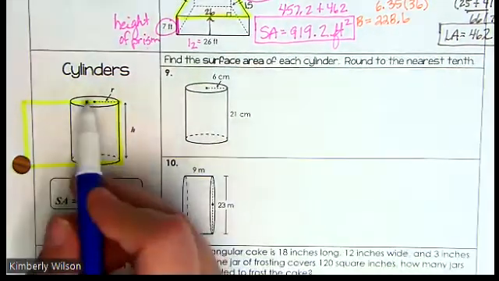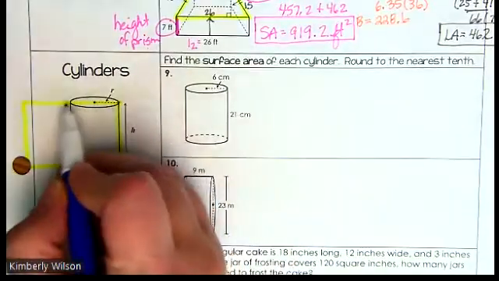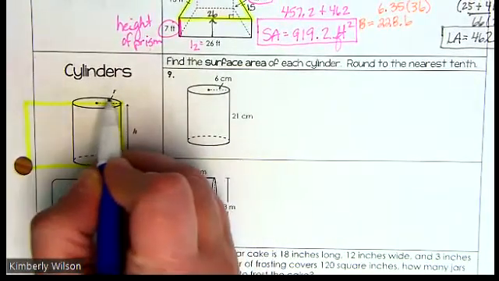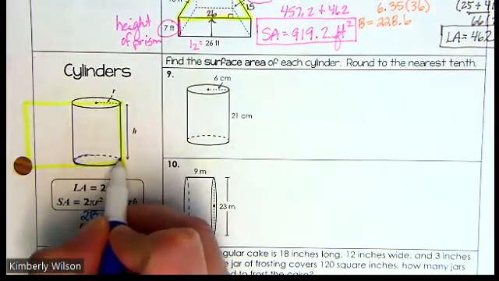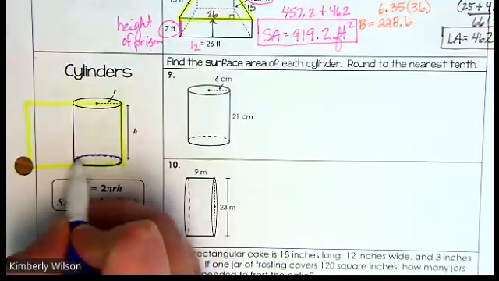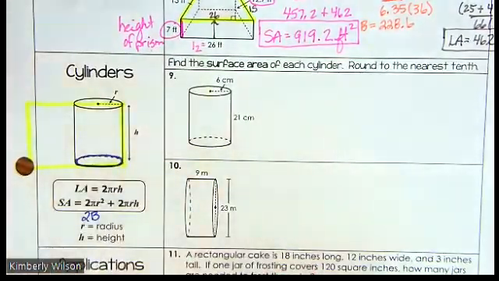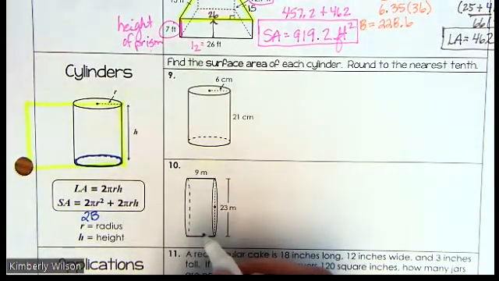So that means that when it folded back over, it went around the circle. Well, if I'm going around the circle, that means I'm finding the circumference.